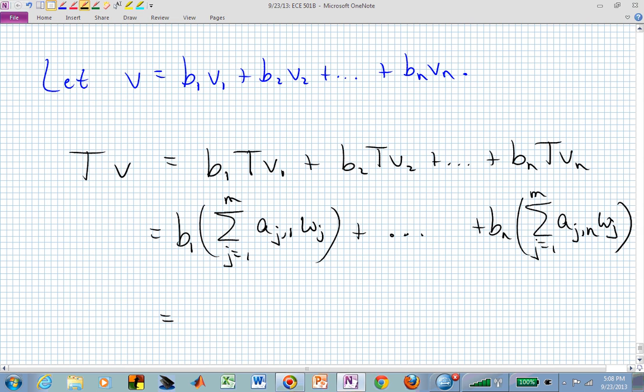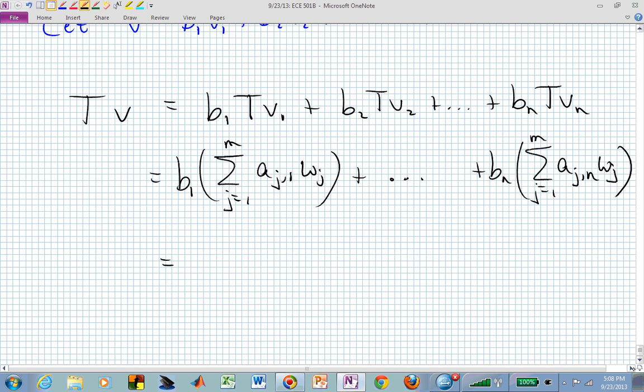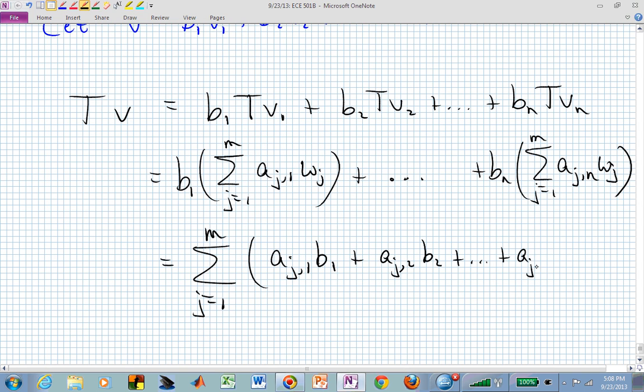Meaning I can now rewrite this as this sum from j equal 1 to m of a sub j1 b1 plus a sub j2 b2 on up to a sub jn b sub n times w sub j.